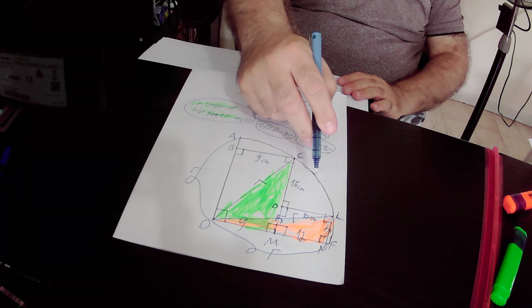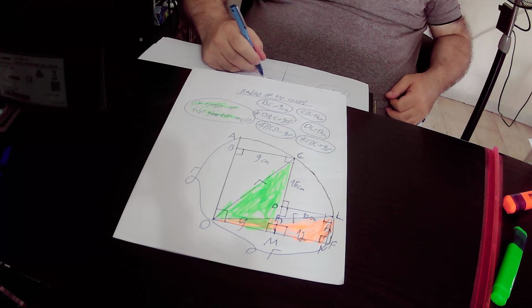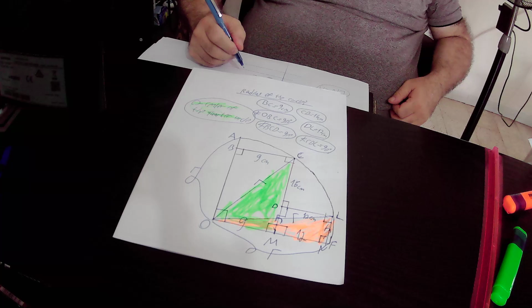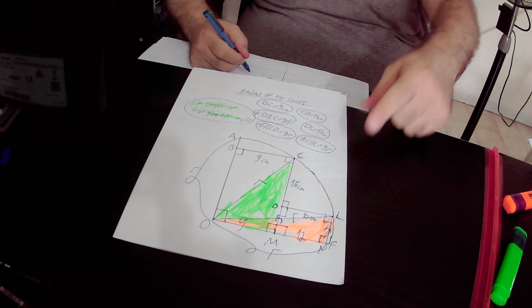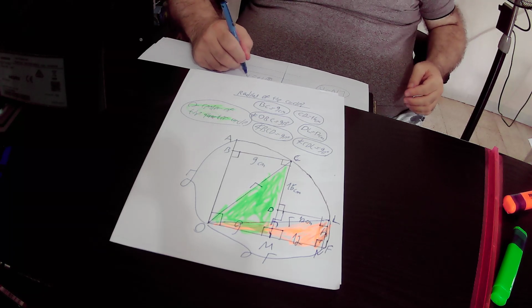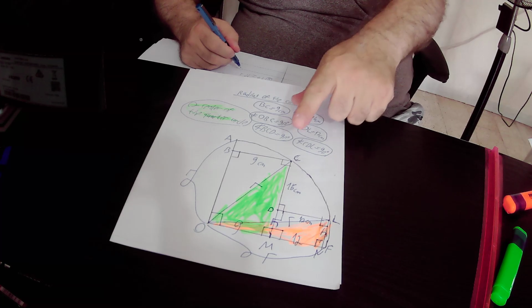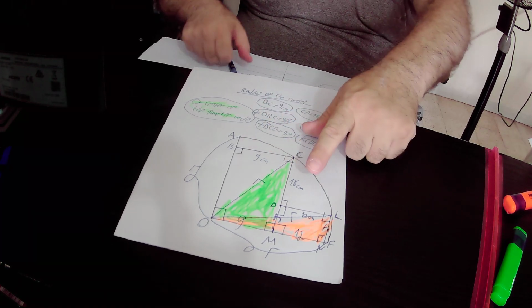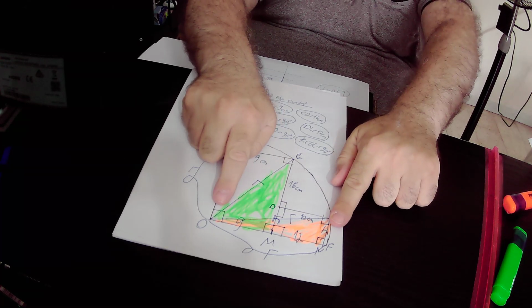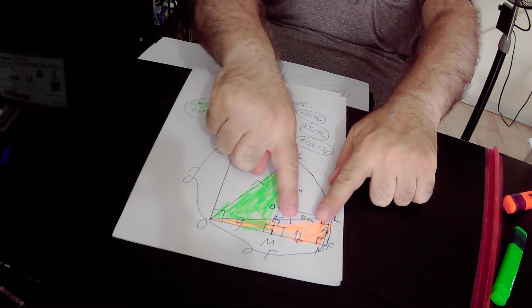OL is the radius of the quarter circle, that is equal to R, therefore OL square equals R square, and it is equal to LN square. LN equals H, therefore LN square is H square, plus ON square. ON equals OM plus MN. That is to say, ON equals OM, that is 9, plus MN, that is 12.